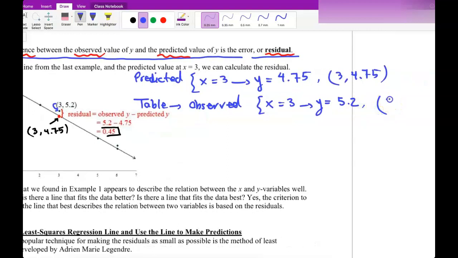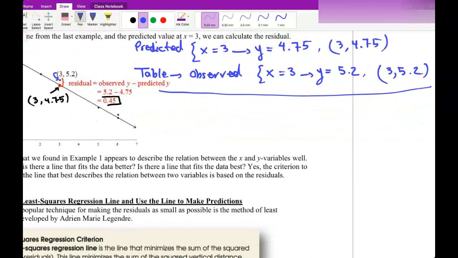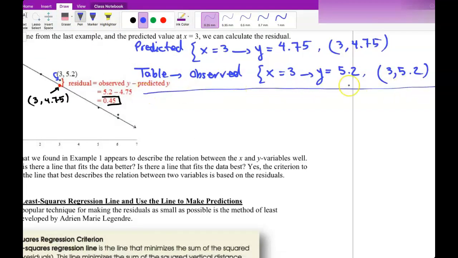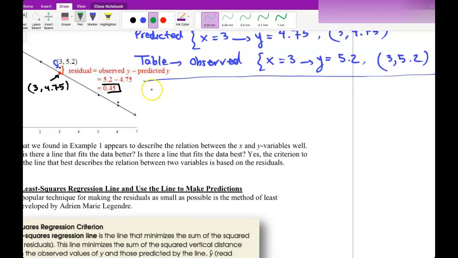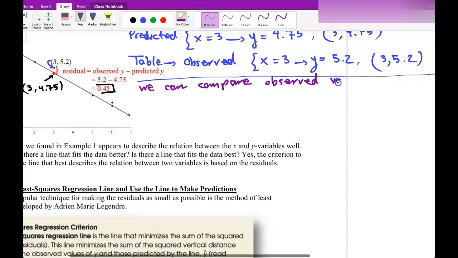So the point on this part was 3, 5.2. We can compare these two. So comparing observed and predicted.